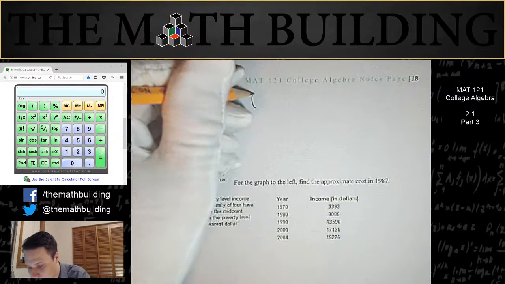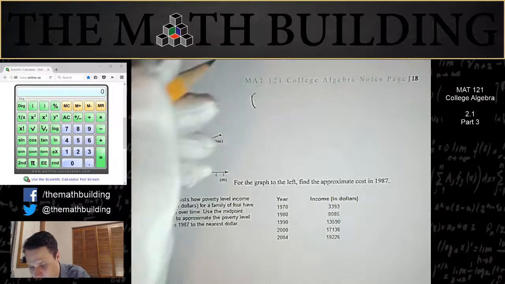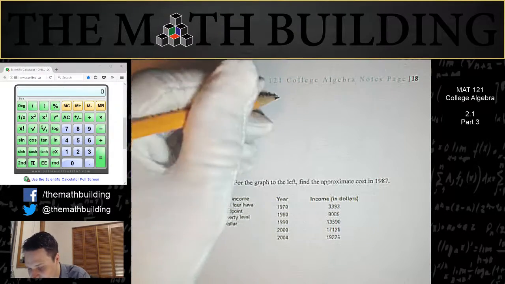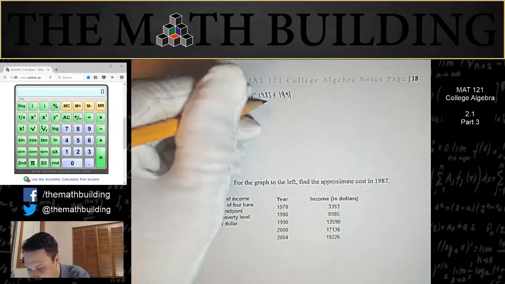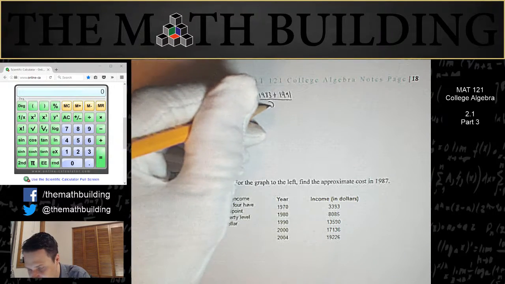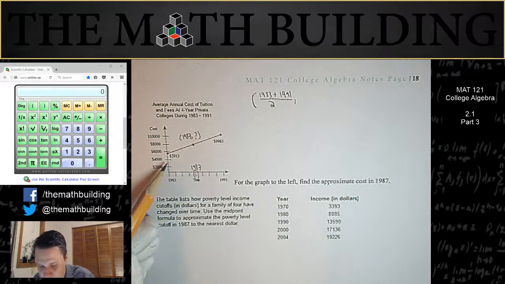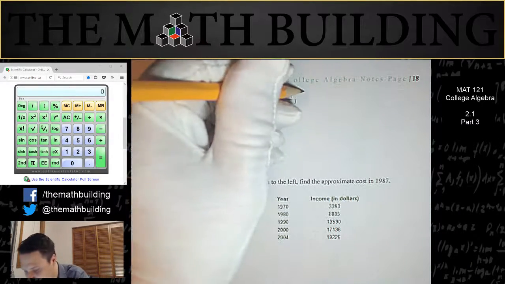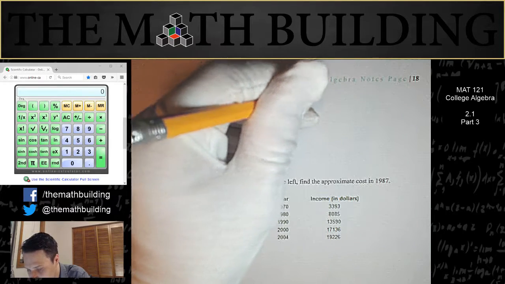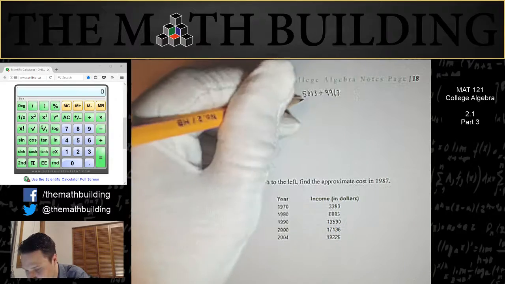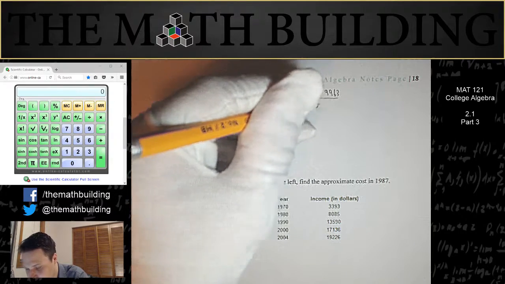So this should be our first year, 1983, plus our second year, 1991, all of that being divided by 2, and it should be their y values, 5,013 plus 9,963 divided by 2.